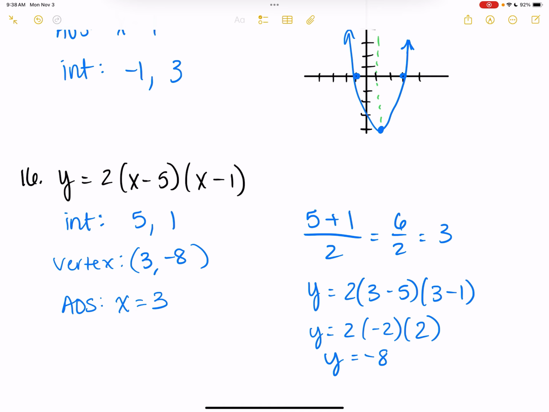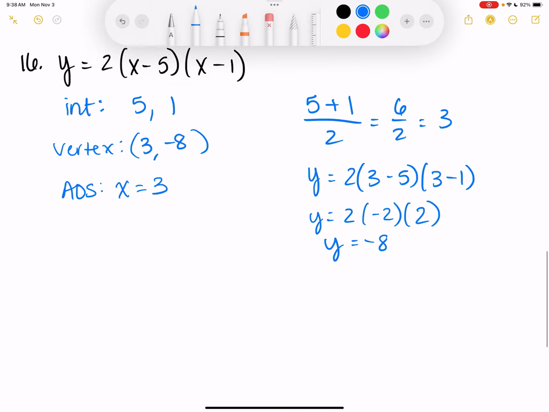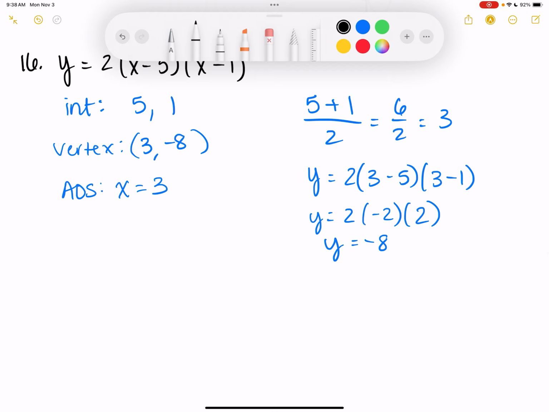Which way does this one open? Up. Now because of this being down to negative 8, I'm making it way larger on the bottom. 1, 2, 3.